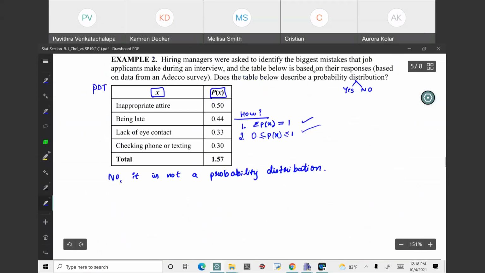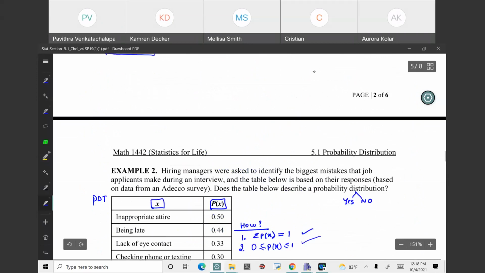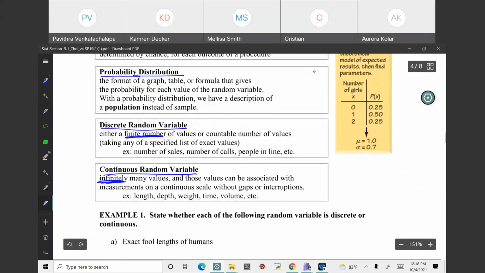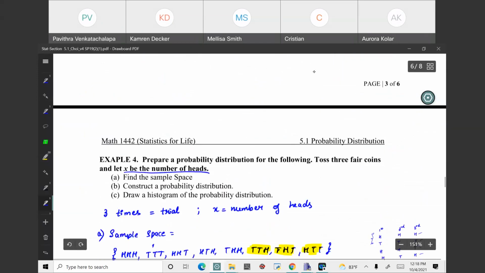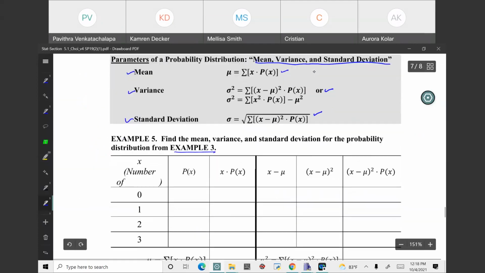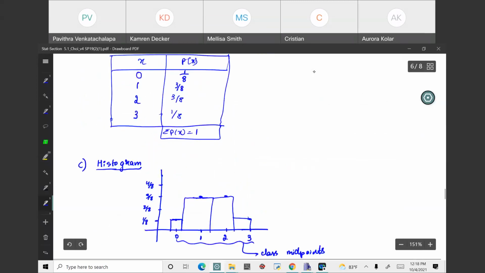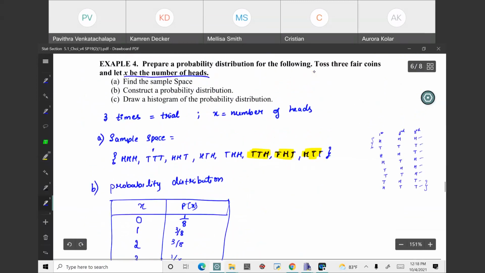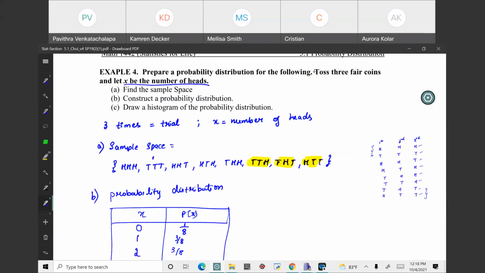I don't think so. This was the one. Example 3 does example 4. Okay. So in example 4, we found the probability of number of heads.